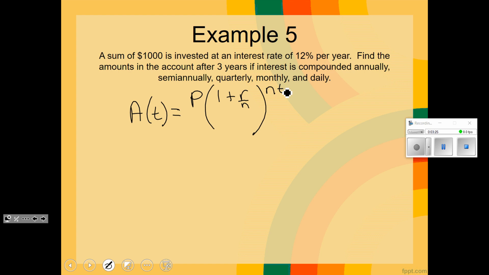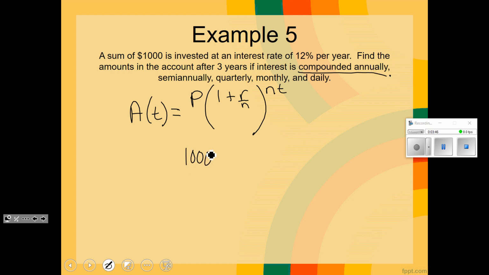Okay, so let's start plugging in things. We're going to do several different problems with this particular example. The first one we're going to look at is when it's compounded annually, meaning once a year. So what's my principal? What's my P? 1,000, okay?